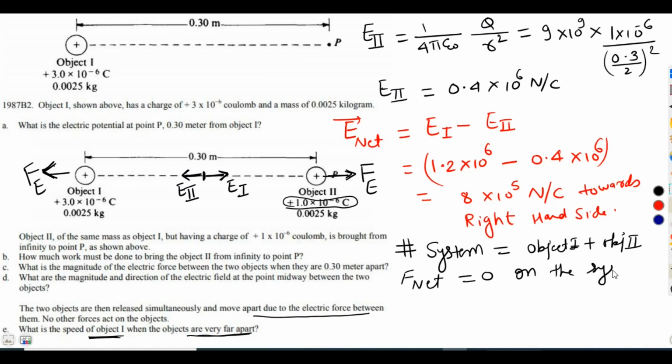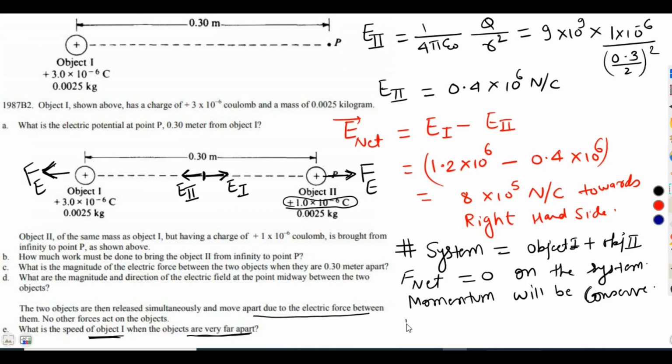When the net force is 0, we know the momentum will be conserved, right? We can apply conservation of momentum. Initially both the objects were at rest, so the momentum will be 0 plus 0.